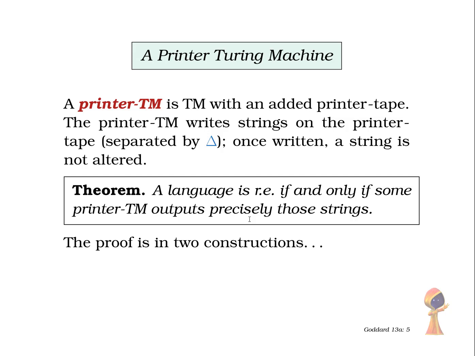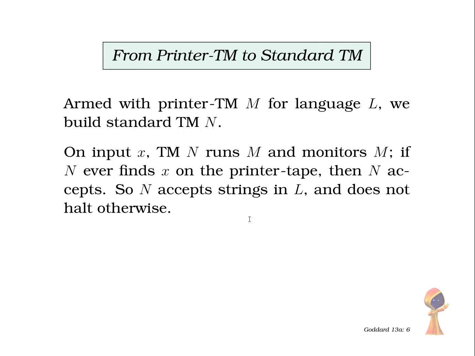Let's suppose we have a printer Turing machine M. The language is L. Now our goal is to build a standard Turing machine N. So we've got any input X. Turing machine N is going to run M and monitor M. If N ever finds X on the printer tape, so it's going to look for this particular string X on the printer tape, then N accepts it.